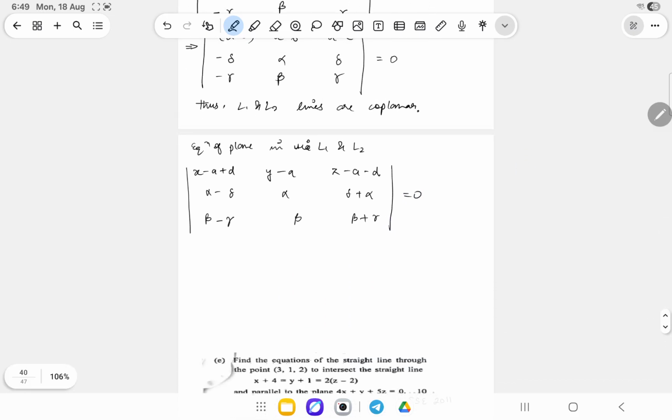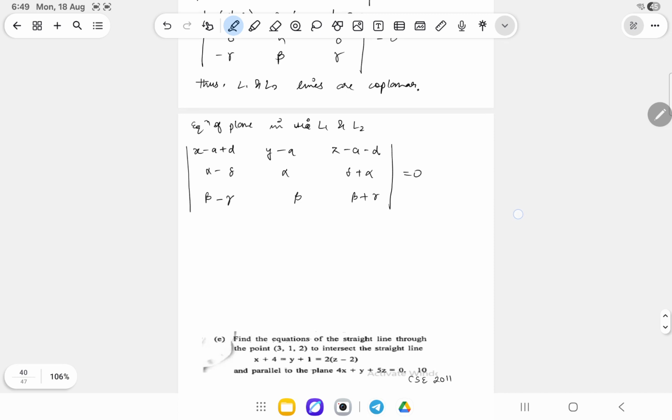So we just need to simplify this to find the equation of the plane. We can either just open it up or we can use the elementary row column operations like we did earlier. So what we can do is apply here c1 equals c1 minus c2 and c3 equals c3 minus c2.